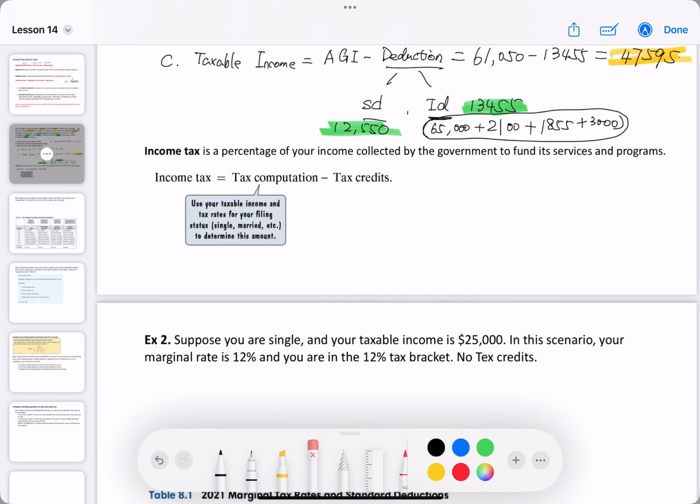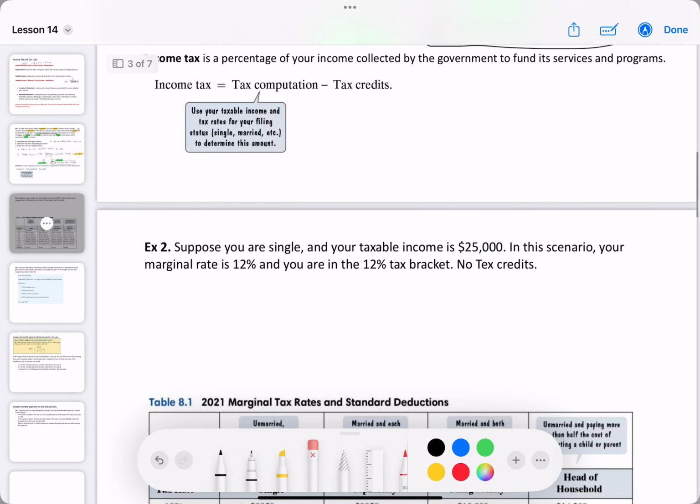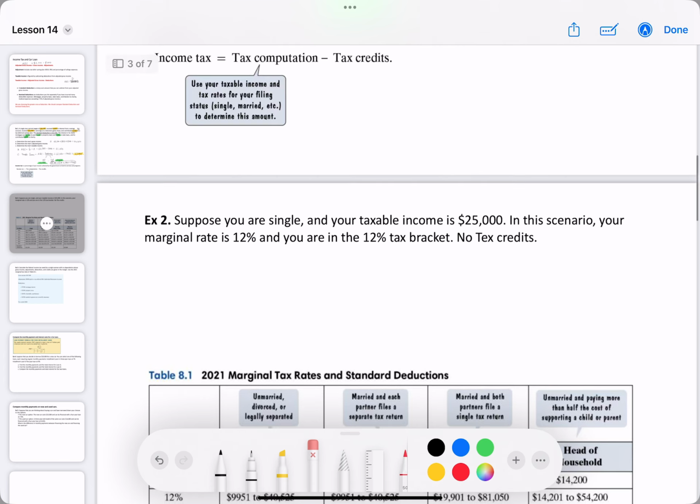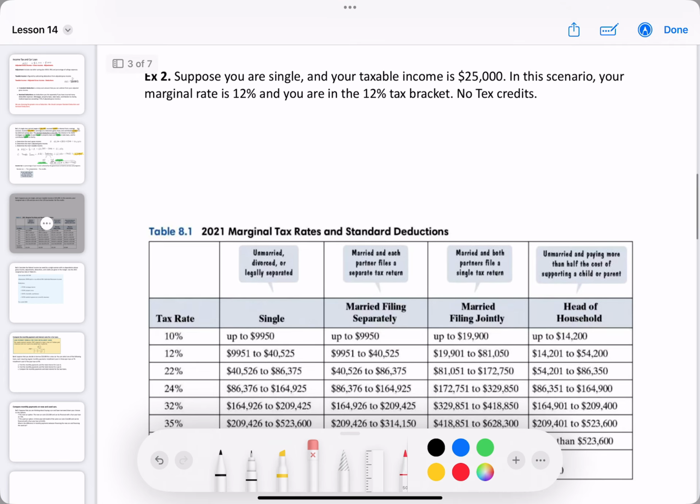Okay, let's see the example. Let's memorize the formula. Income tax equals tax computation minus tax credit. Suppose you are single. Your taxable income is 25,000. Oh, I don't have to do the computation about the taxable income.